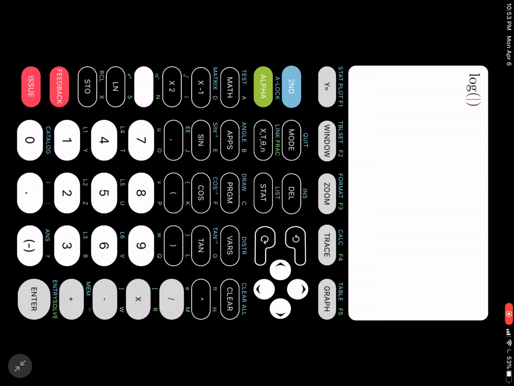So if we want to find log of that 1,000, just make sure you're closing your parentheses and enter, and we get the answer 3.